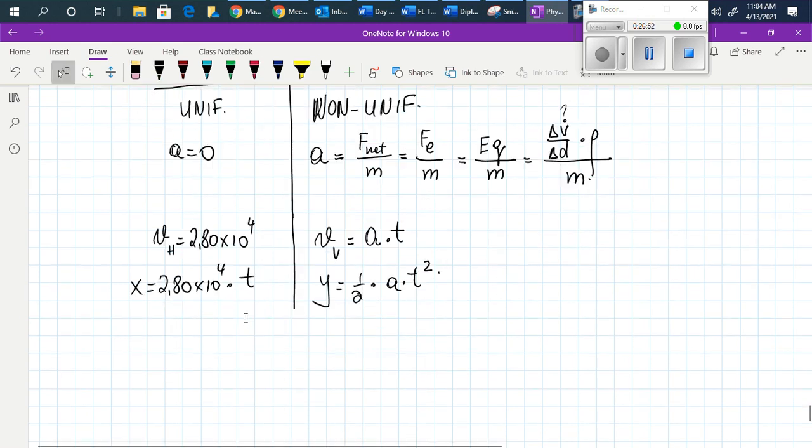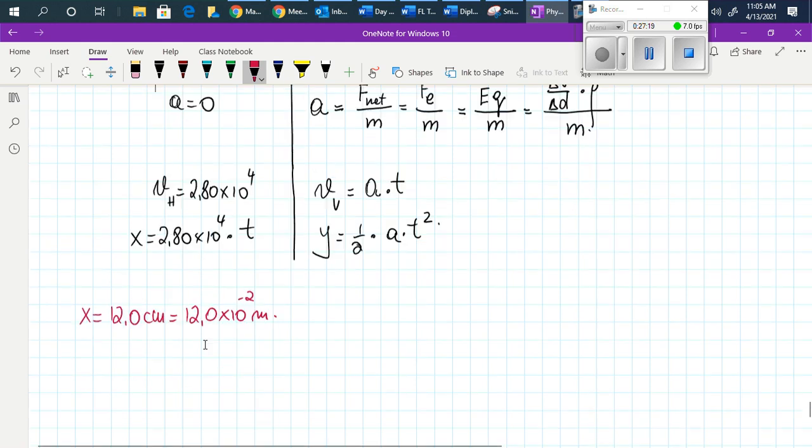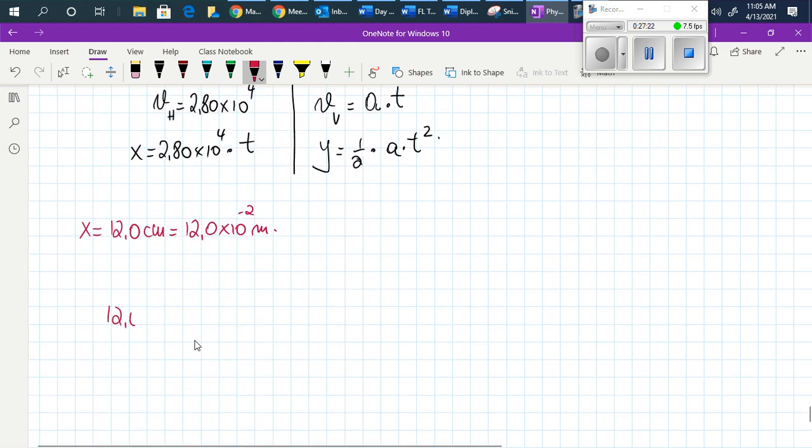Because we will solve it. What we know in this case is that it is barely passing the plate, reaching the end of the plate, which means that x is equal to 12 centimeters, or 12 times 10 to the power of negative 2 meters. So this is the starting point. We'll start with the uniform motion, so from there we will find the time. 12 times 10 to the power of negative 2 is equal to 2.88 times 10 to the power of 4 times time.